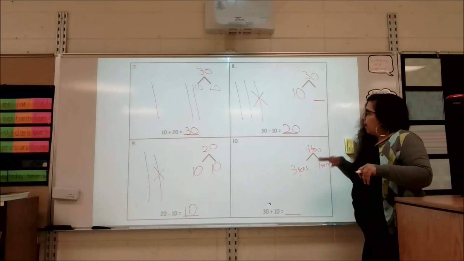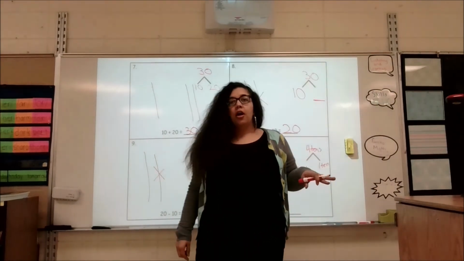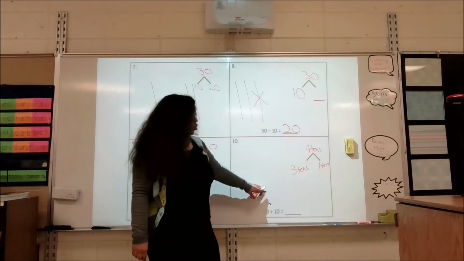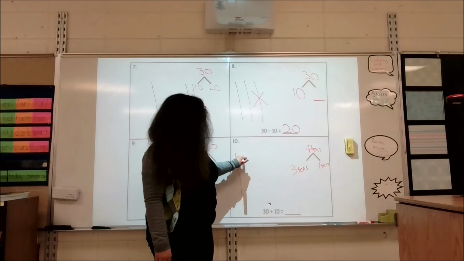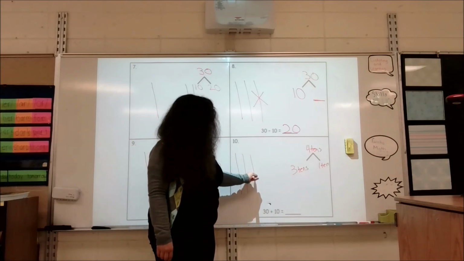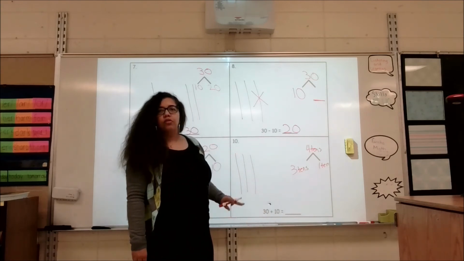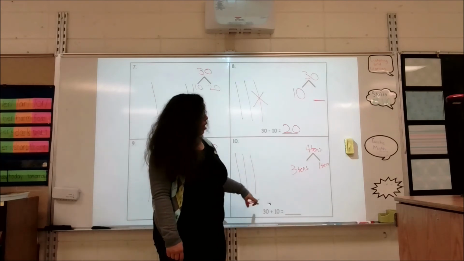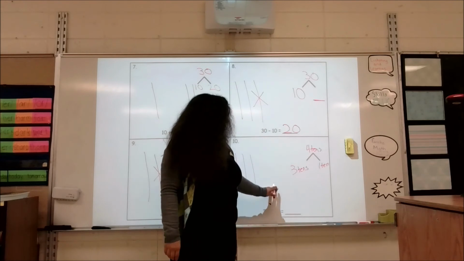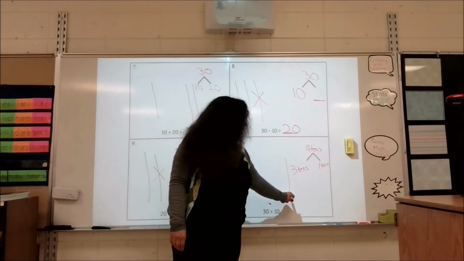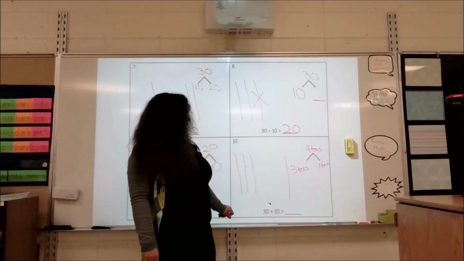Yeah. Let's draw a picture to match our number bond as written. Let's draw 3 10s, okay? 1 10, 2 10, 3 10. Cool. So far, so good. Now let's draw the other part, which we just said is 1 10. So leave some space to indicate that they're separate parts. 1 10.